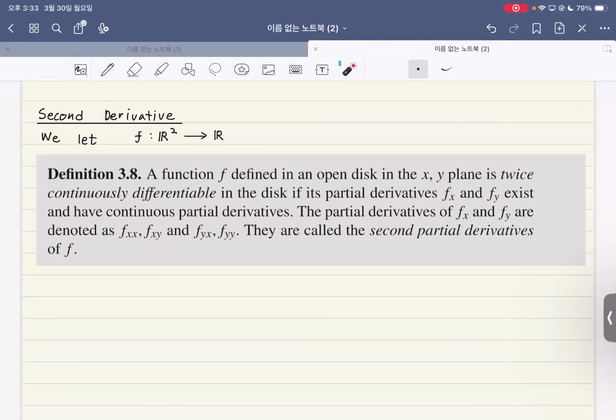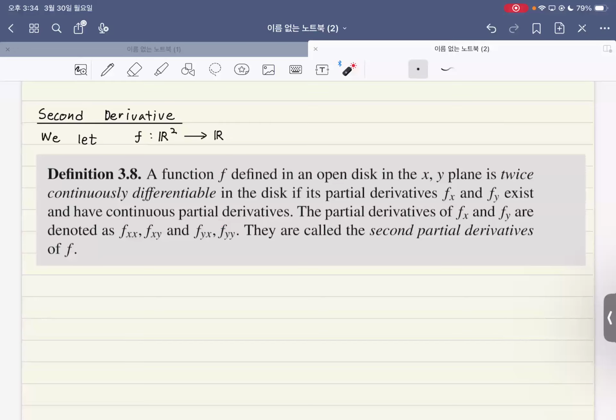So we will have these four partial derivatives. f_xx means you have taken two partial derivatives with respect to x. This represents you have taken the partial derivative in x first and y later, and this is y first and x later, and this is taking partial derivatives with respect to y two times. These are called the second partial derivatives.